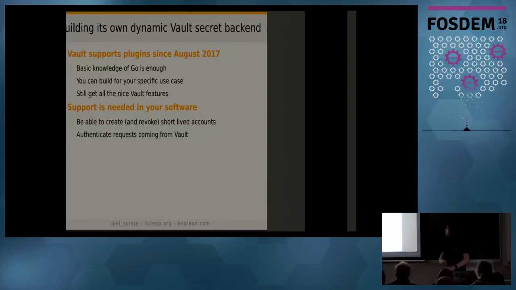The only thing is, with the Vault plugin, you also need a bit of support in your own application. So if your software doesn't have ways to create on-demand users, you will just need to extend it to be able to do it. And you will also need a way to authenticate requests coming from Vault.